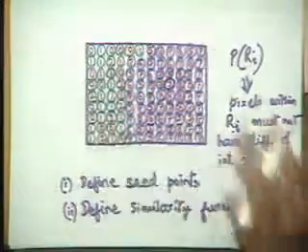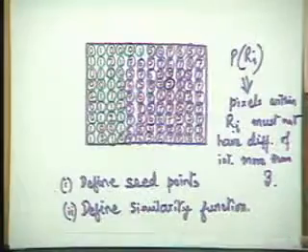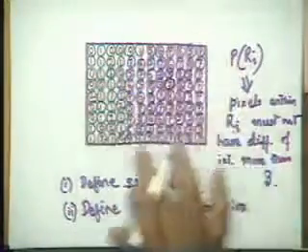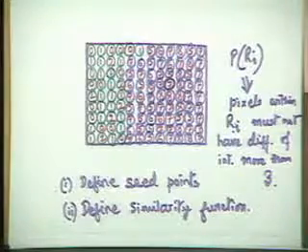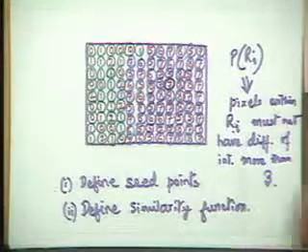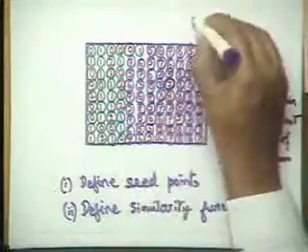So what I have got from this image is that this entire image, which I can call R, has been divided into two regions. We call them R1 and R2.